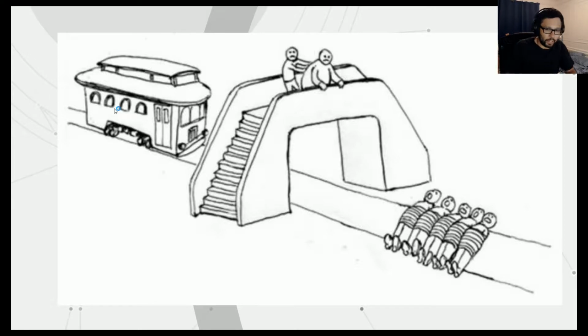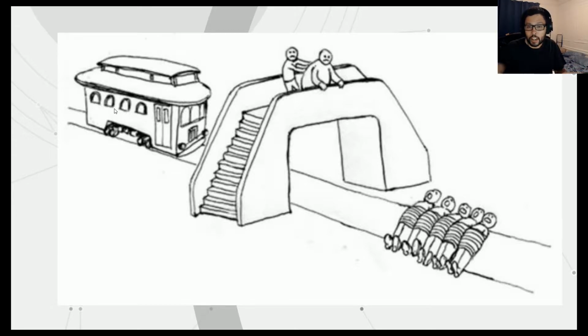So imagine instead, in the original case, there's the trolley and then there's the switch where you can pull it onto the sidetrack. In this case, there's no sidetrack. It's just the trolley barreling down to kill these 5 people. You're standing by, and you also happen to be standing, just by coincidence, by this very large, overweight man.